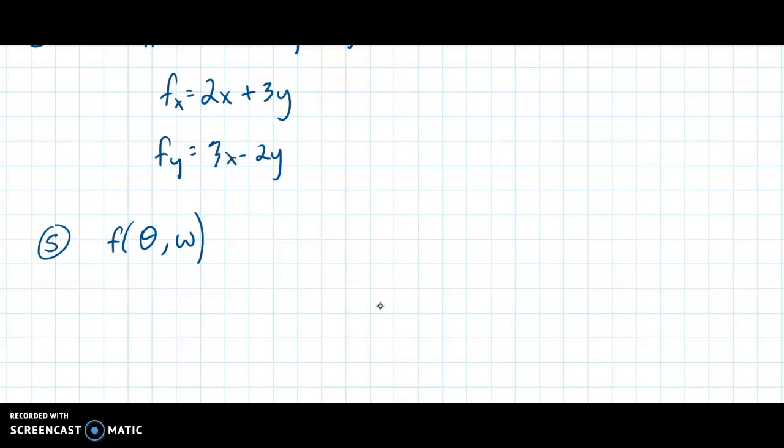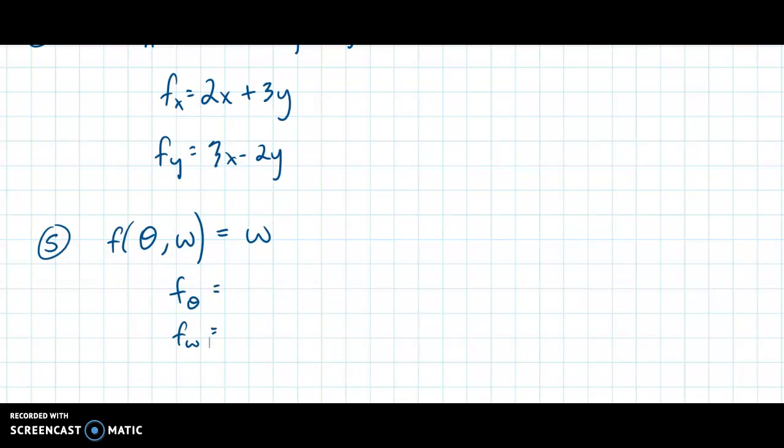It's like a little bit of a curled in W. But I want you to find, oh, sorry, we're going to do 6 problems. Let's do f of theta comma omega is just equal to omega. Find f sub theta and f sub omega. Find both of those partials. Hit pause, do it.